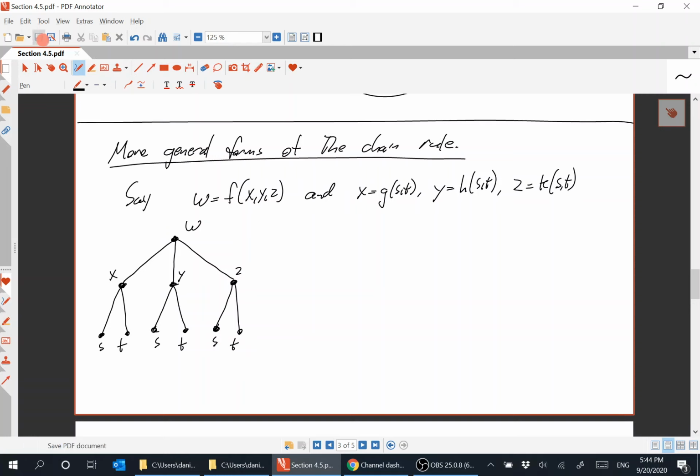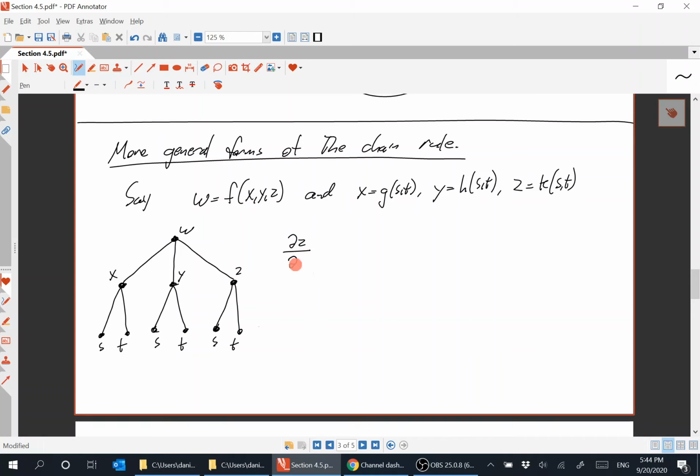So w is a function of s and t, right? Ostensibly, it's a function of x, y, and z, but ultimately, it's a function of s and t, right? So you should be able to take the partial derivative of w with respect to s and the partial derivative of w with respect to t. So there's the chain rule for both of them.